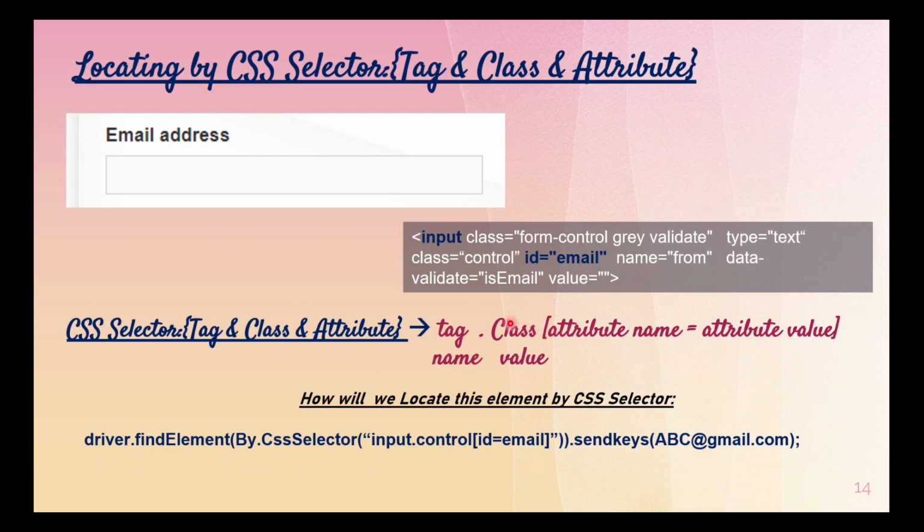We want to write the class. For that we need to use the dot operator over here. The class value that we have is control. Then the attribute name, now here I'm using ID, you can use any of the attributes. So I'm using ID is equal to email. Dot sendKeys abc@gmail.com. Okay, so I hope it's clear for you.